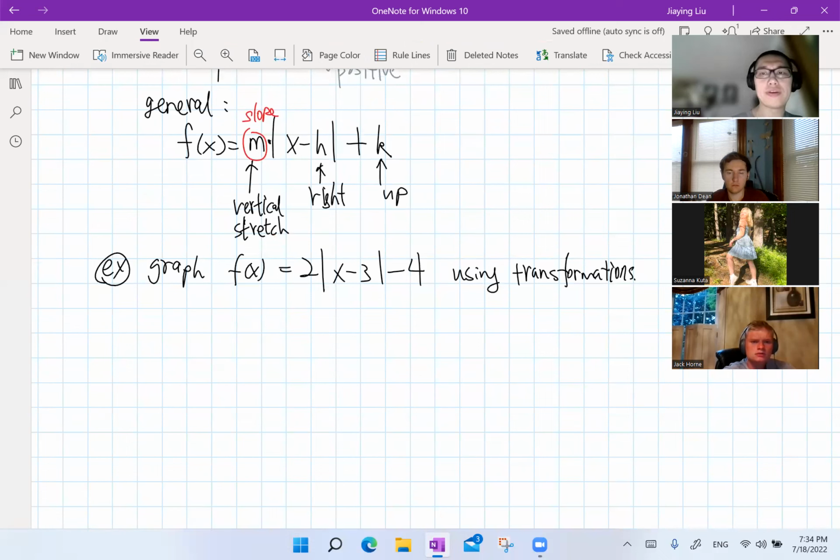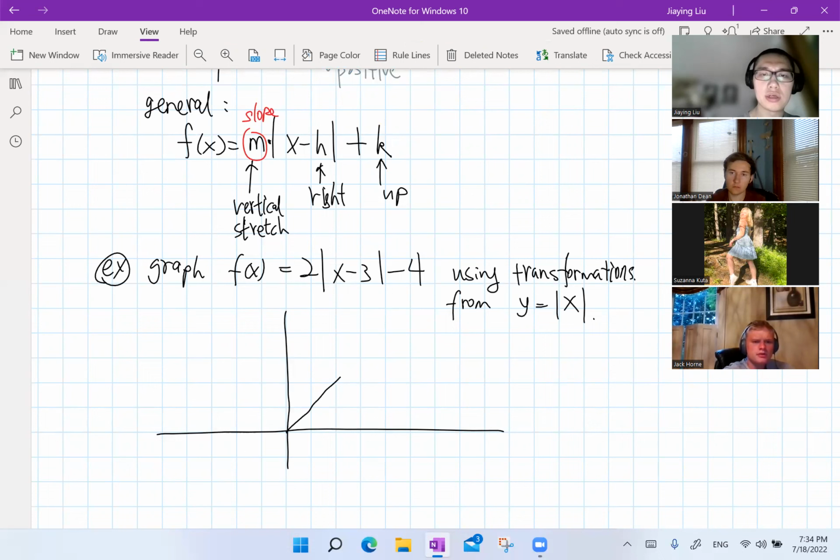To graph it using transformations means that we're going to use transformations from y equals absolute value of x. So suppose I begin with this absolute value of x graph. This is y equals absolute value of x.